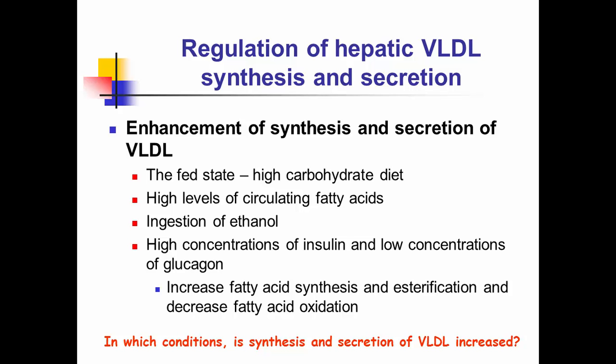So this will also need the VLDL to transport them to the sites that utilize fatty acids, for example, the muscle in the fasting conditions. And the diabetic condition is pretty different from the normal physiological fasting conditions.